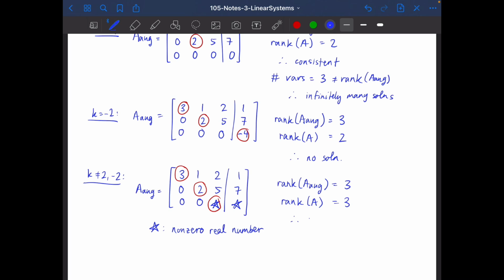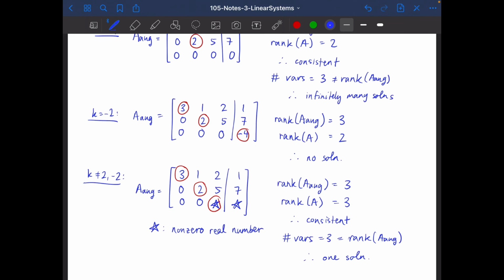Therefore, the linear system is consistent. Now, how does the number of variables compare to the rank of the augmented matrix? Well, the number of variables is 3, which is equal to the rank of the augmented matrix. And so therefore, the corresponding linear system has one solution.